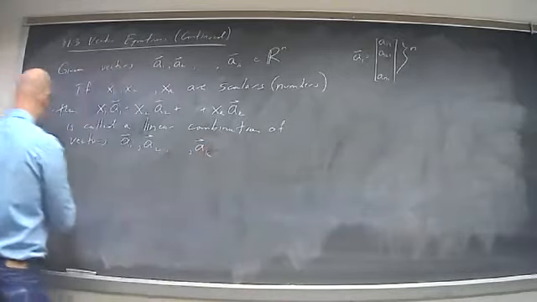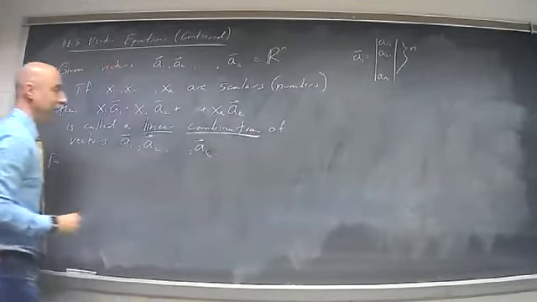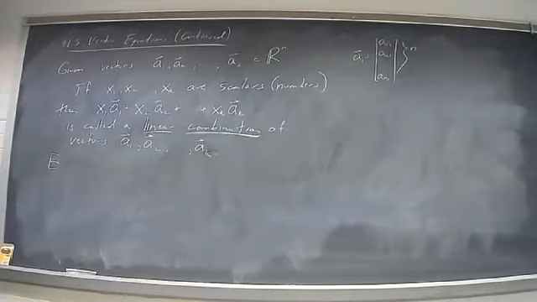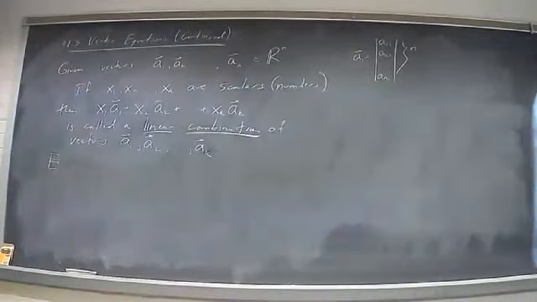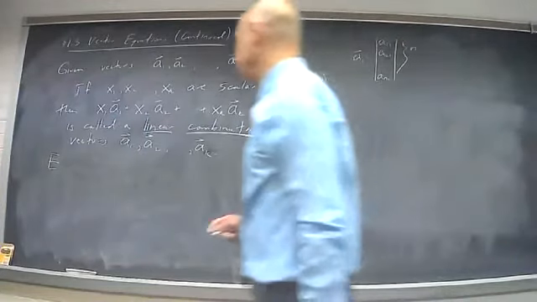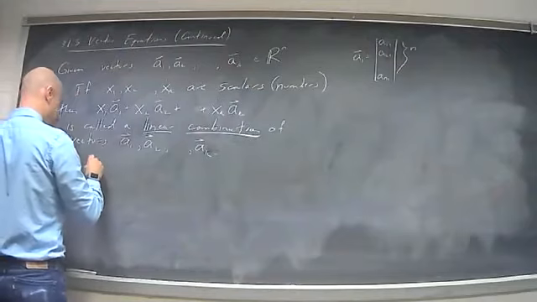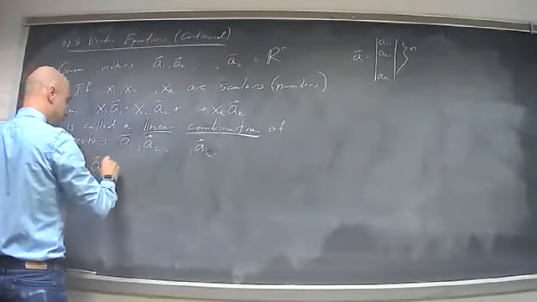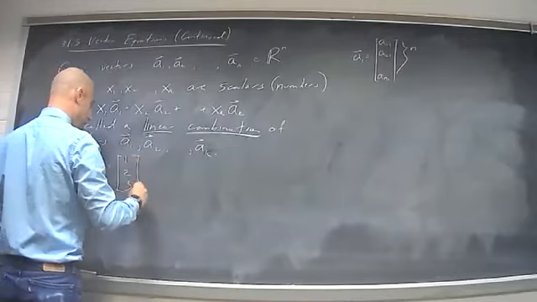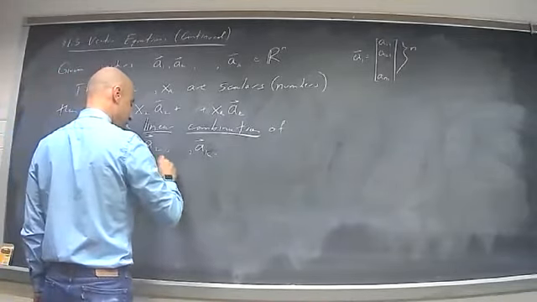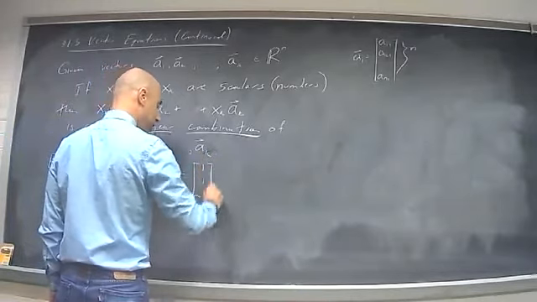So for example, linear combination, that's what I'm defining here. So for example, if I give you, say, two vectors in R3, let's say A1 is the vector 1, 2, 3, and let's say A2 is the vector 1, 1, 1.